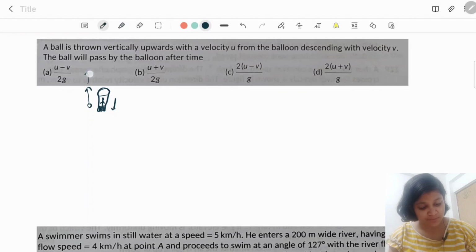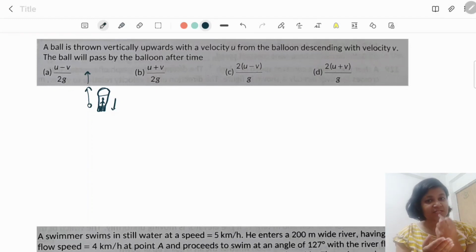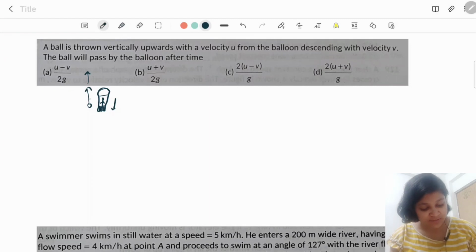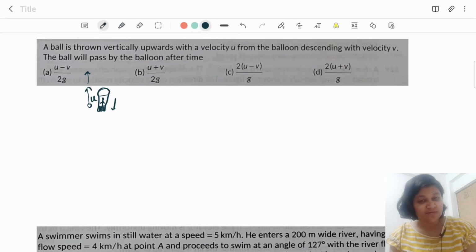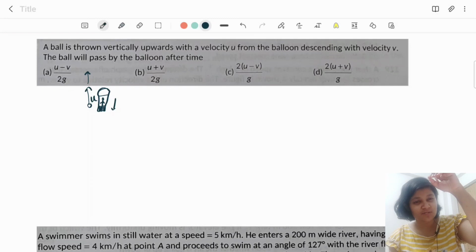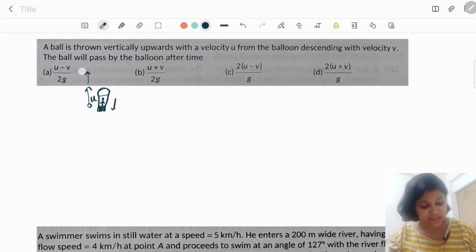The ball will go up, but gravity is pulling the ball downward. So he throws the ball upward with a velocity u, but due to the pull of gravity, the velocity will slowly decrease, and after a point the ball will stop for a second and then start falling downward. So let me consider the ball stops here and then starts falling downward.